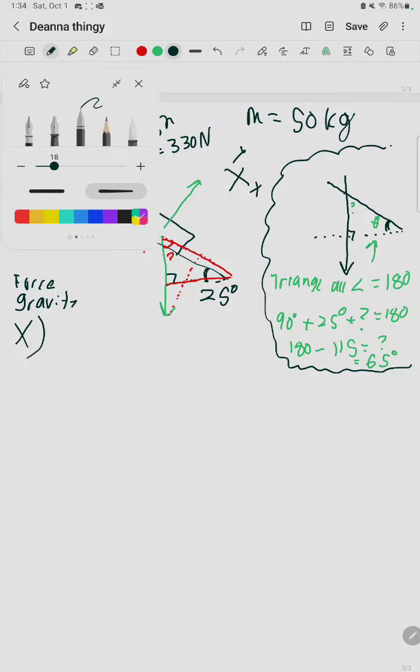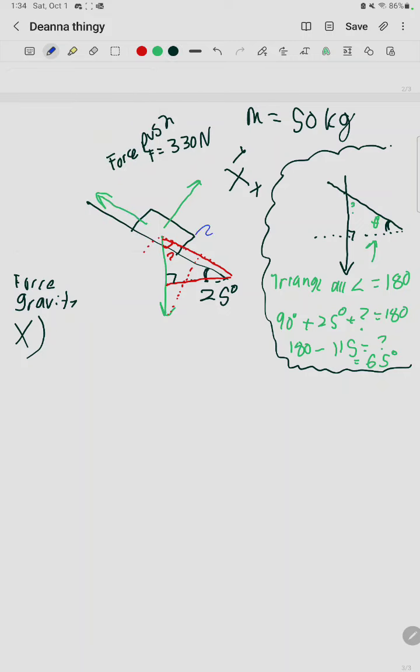Just go ahead and label them real fast. Hypotenuse. Oh no, you're fine, because those lines were just to show you how you get that angle.